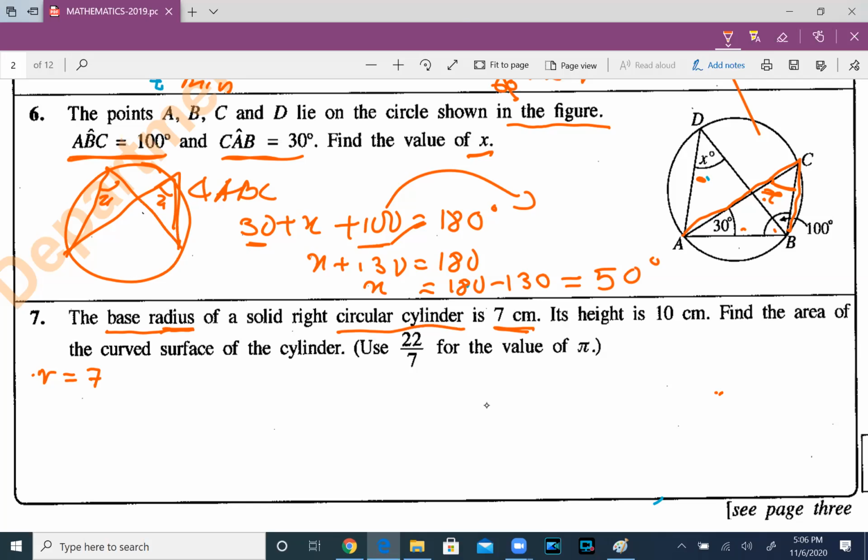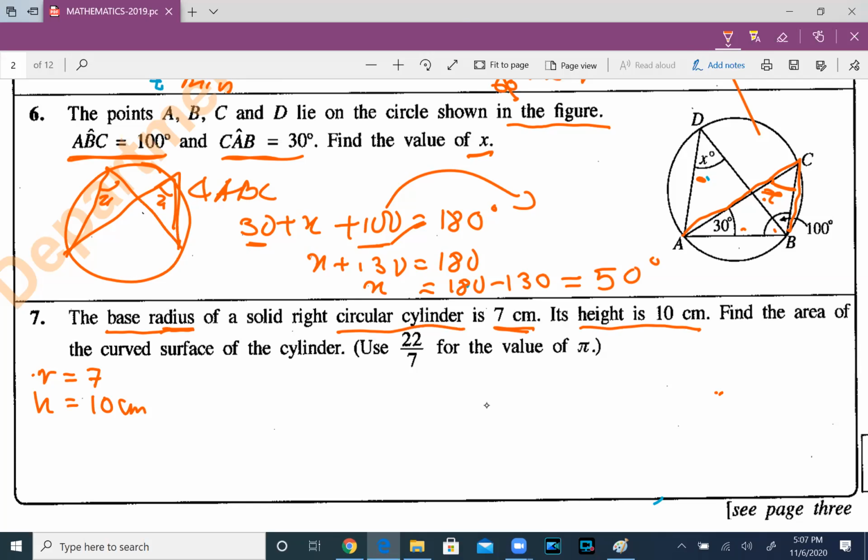So R is equal to 7 centimeter, and its height is 10 centimeter. So H is 10 centimeter. And find the area of the curved surface of the cylinder.